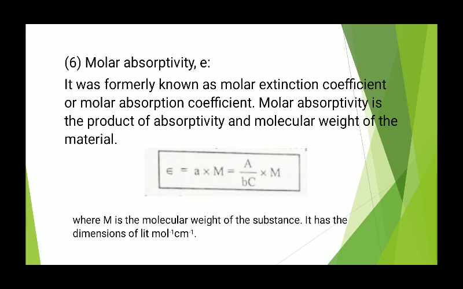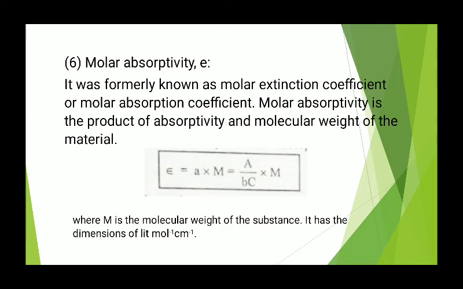Molar absorptivity. It was formerly known as molar extinction coefficient or molar absorption coefficient. Molar absorptivity is the product of absorptivity and molecular weight. It is denoted by epsilon. So mathematically you can write epsilon is equal to small a, that means absorptivity, into capital M, that means molecular weight.